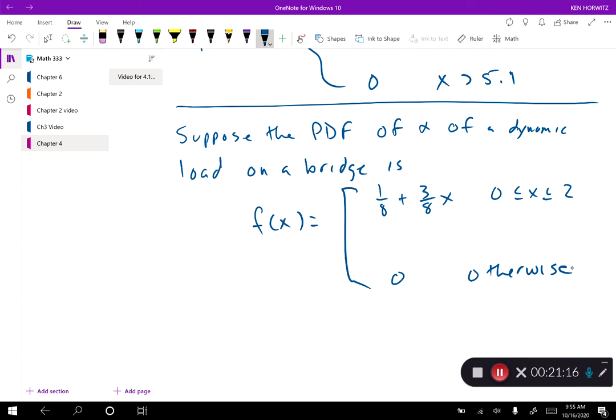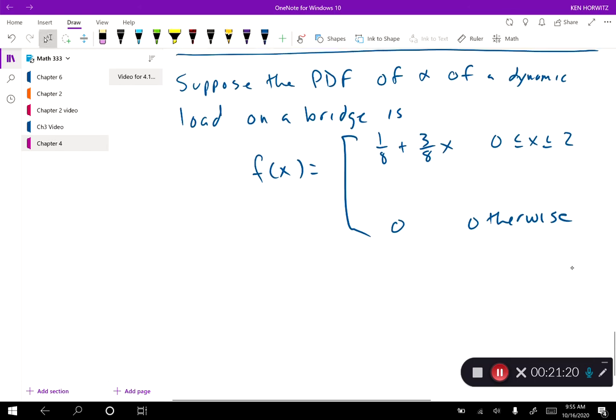So we are looking for the CDF. So find the CDF.